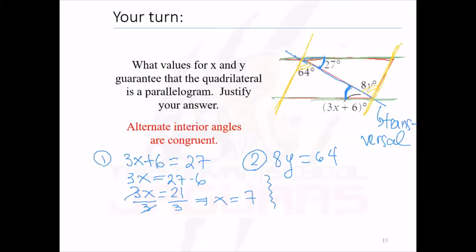And in the second equation, I can divide both sides by 8. The 8 is gone, and y becomes equal to 8. So the values that guarantee that this quadrilateral is a parallelogram are x equals 7 and y equals 8. And the idea that I'm using here is that alternate interior angles are congruent.